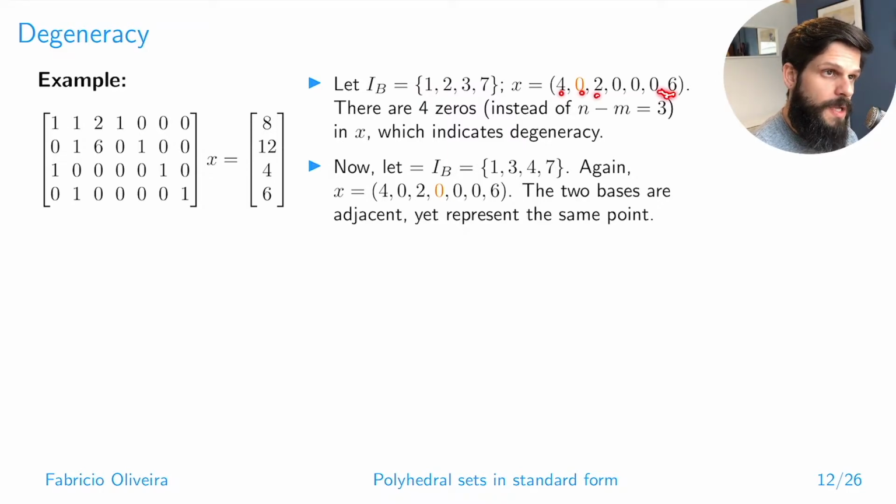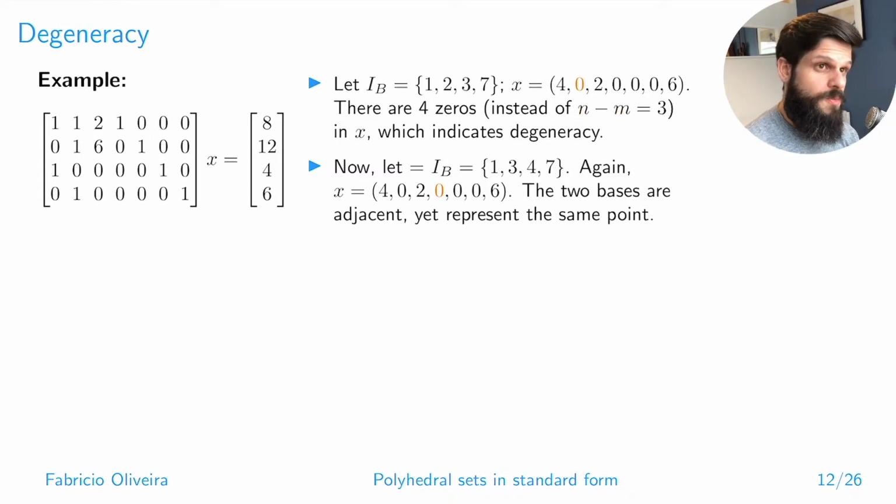Then when I put it together with the non-basic variables 4, 5, and 6, I get the vector x. But look, something was off here. When I solved the system for the basic variables, one of my basic variables was set to 0. So instead of having 3 variables set to 0, what I actually have is 4. So it's not n minus m, but n minus m plus 1.